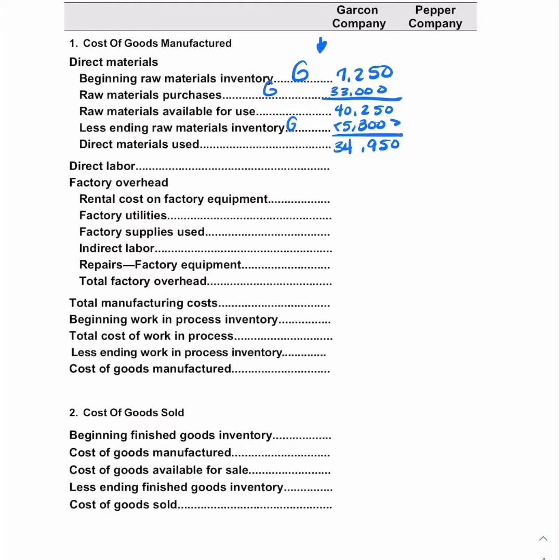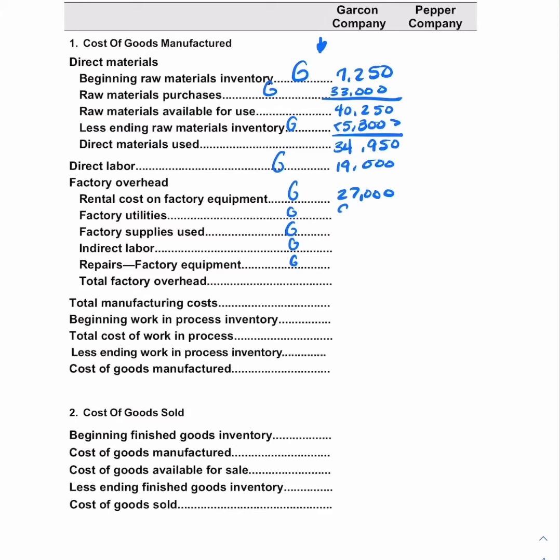Now, we have finished with direct materials. The next thing we want to look at is direct labor. They had to give us the balance for direct labor, which was $19,000. Next, we look at factory overhead, and all of this is given information all the way down until we actually have to sum it up for the total factory overhead number. But the rental cost on factory equipment per the facts, $27,000.